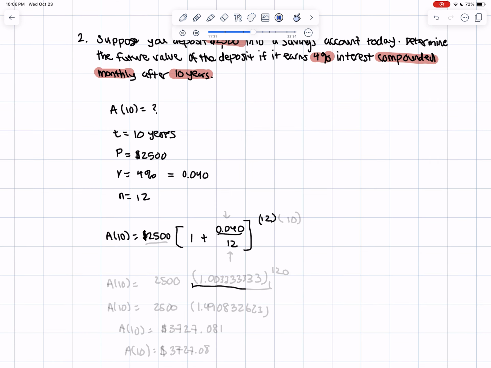All right, so now let's calculate. I'm doing the brackets as I did last time. And then 12 times 10 gives me 120. Then I do the exponential part.